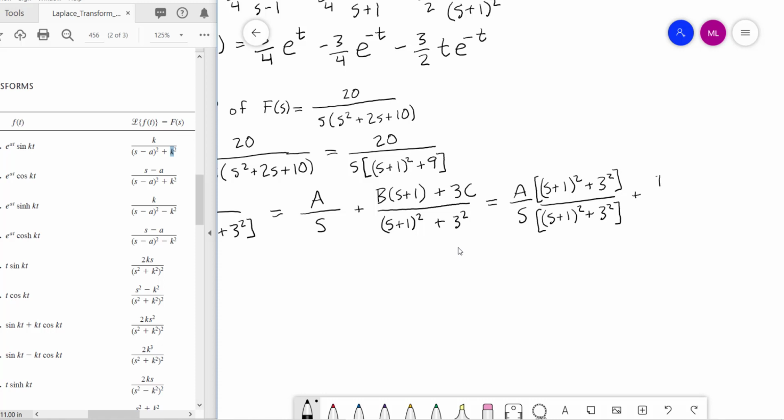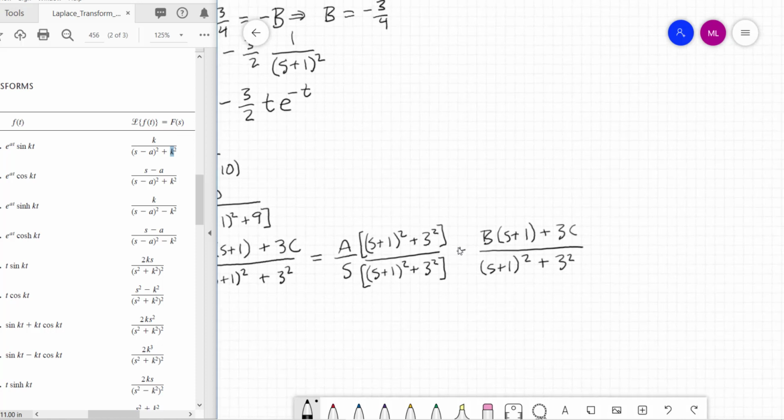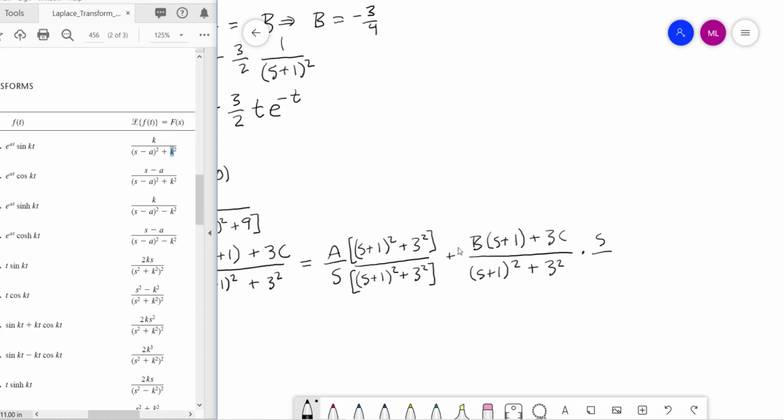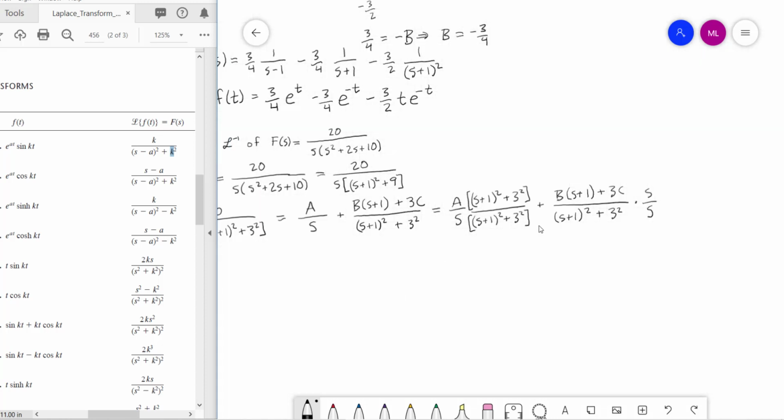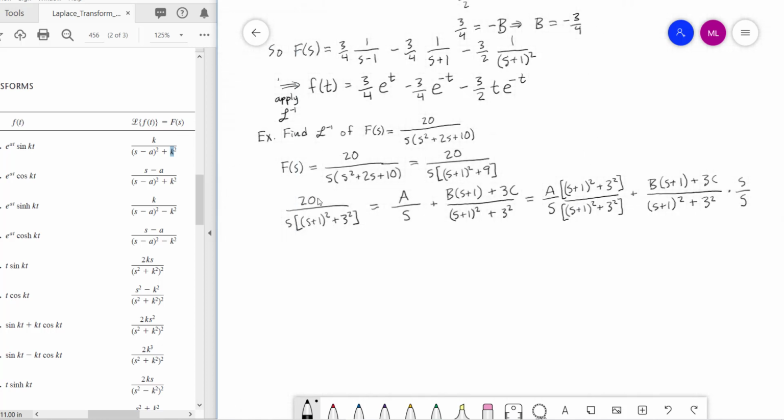And then our other term, just finish copying it here, needs to just get multiplied top and bottom by s. And at this point, all of these terms have the same common denominator as this, so I just need to compare the numerators of these two pieces.